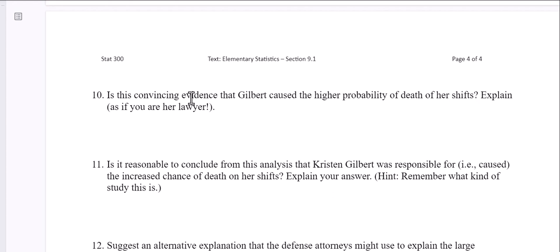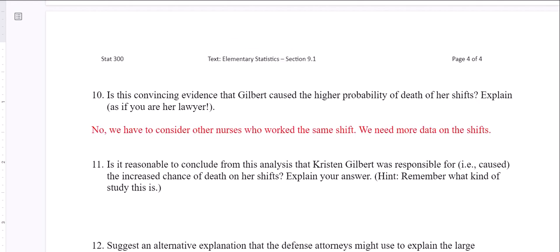So if you were the defense attorney, could you say this is convincing evidence that Gilbert caused the higher probability of deaths in her shifts? Think about what are some reasons you could give to poke holes at the hypothesis test.